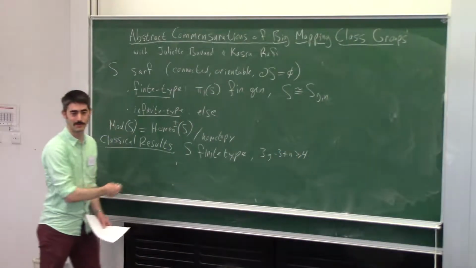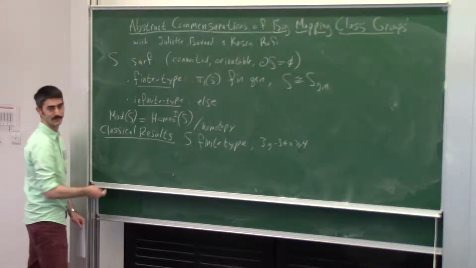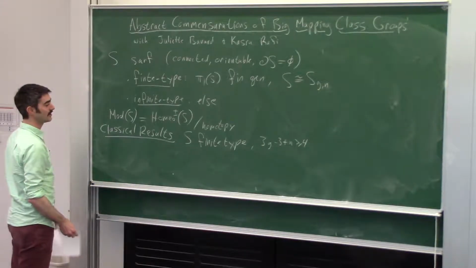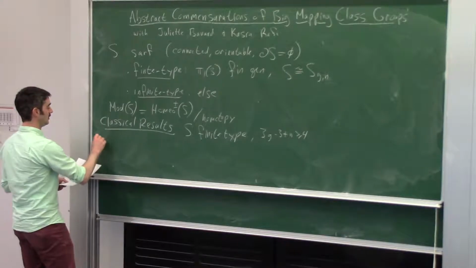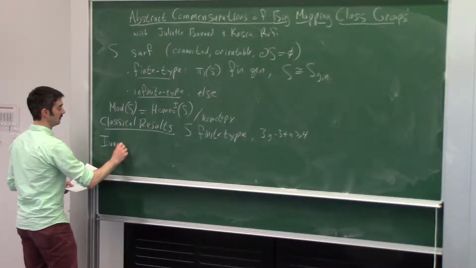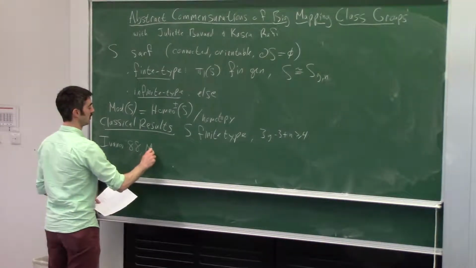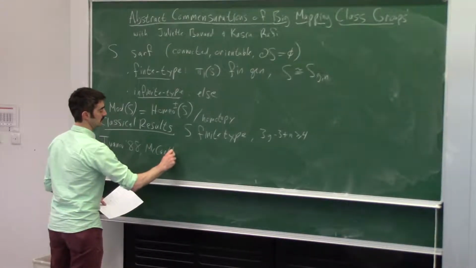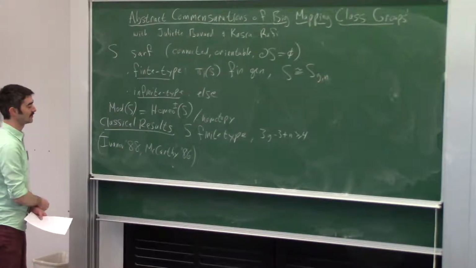Similar things to what I'm going to say are also known for the other surfaces, just with some modifications. All right, so here are the classical results. First of all, that due to Ivanov back in the 80s, and also to McCarthy. I think Ivanov's paper was first, but published later.